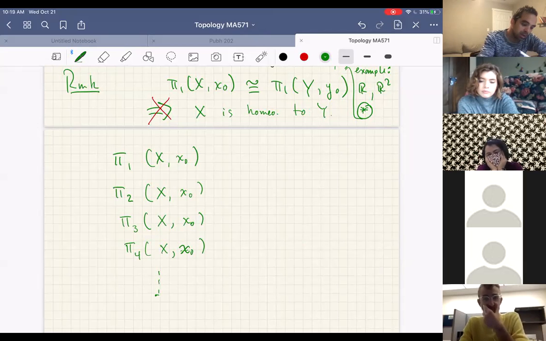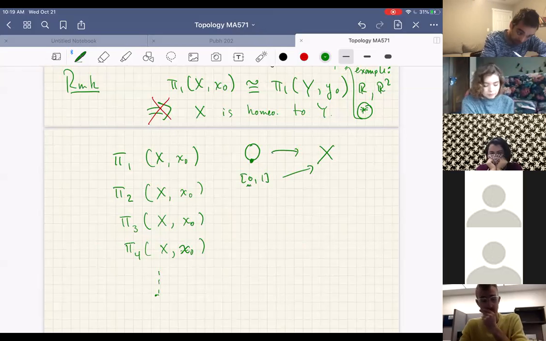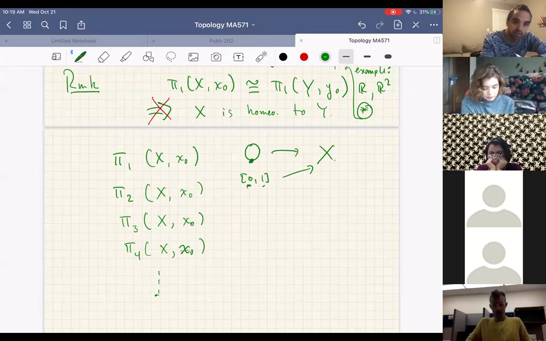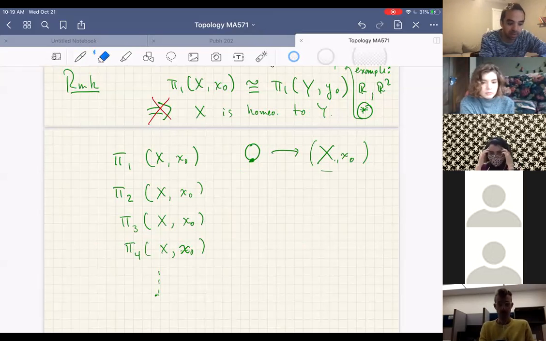Here you look at homotopy classes of loops inside X. These are the same as maps of a pointed circle to X. Maps from the interval that map the starting point and the end point to the same point are the same as maps from the circle that map the base point of the circle to the base point here. So I can think of this as based maps from the circle to your space that preserve the base points.